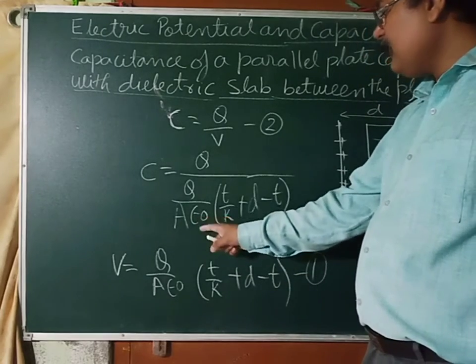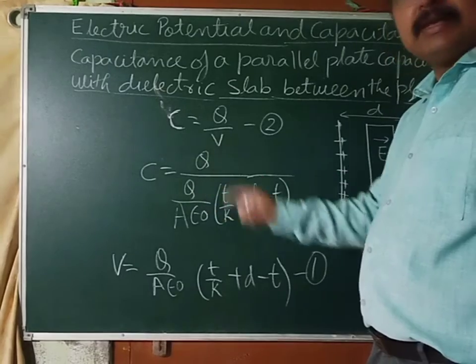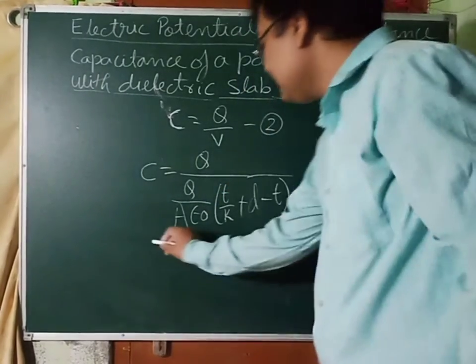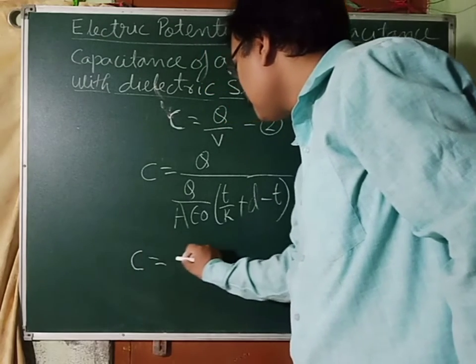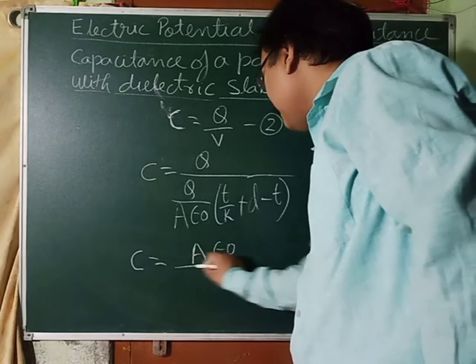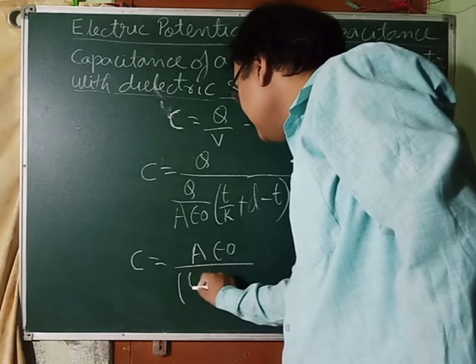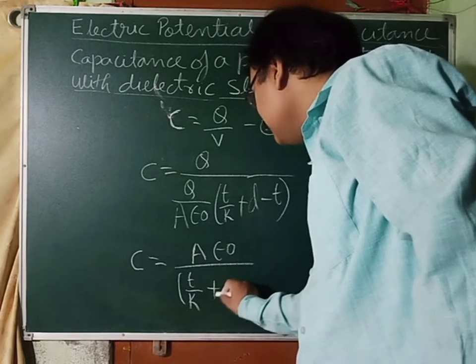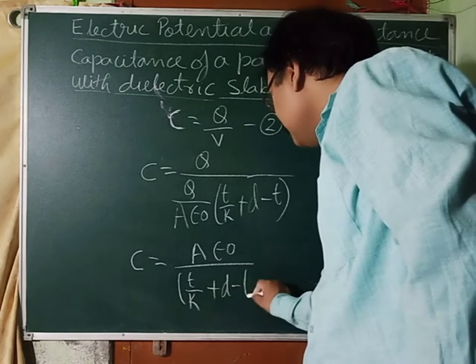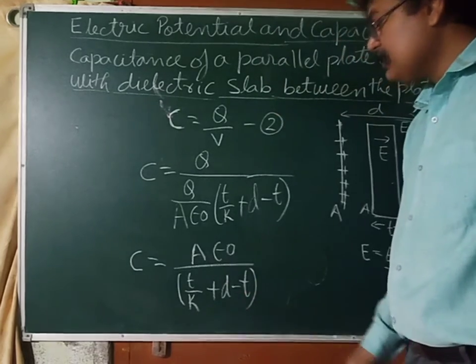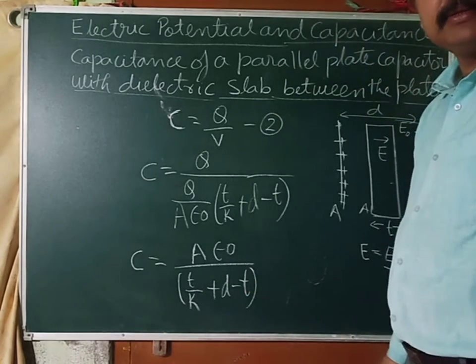This A and epsilon naught will go up and this Q will cancel out. So we will get C is equal to A epsilon naught upon T by capital K plus D minus T. This is the expression for capacitance of this capacitor.